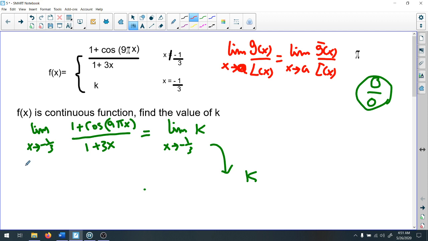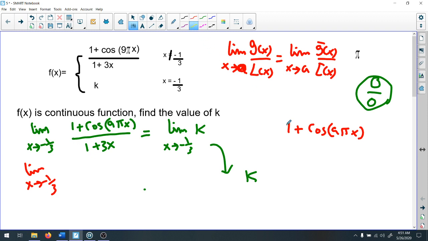So it will be the limit when x approaches negative 1/3 of the derivative of 1 plus cosine 9 pi x. Let's do that. Here we have 1 plus cosine 9 pi x. How to find the derivative?